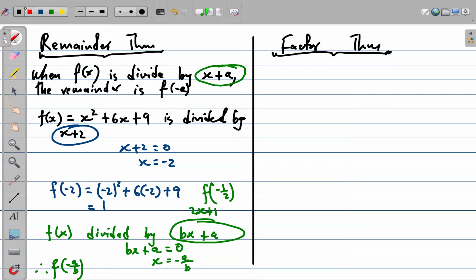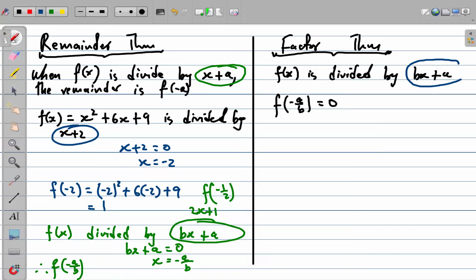Now, the factor theorem says, if it so happens that you are dividing f of x, so f of x is divided by, let's take again bx plus a, okay? So it says, if it happens that this remainder is a 0, then our conclusion is this bx plus a must be a factor.